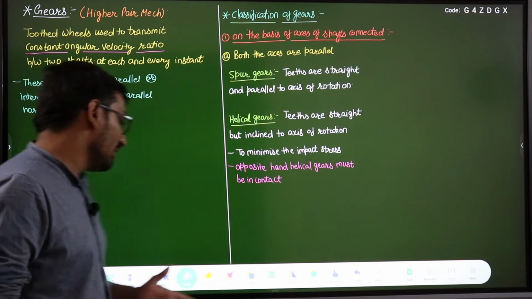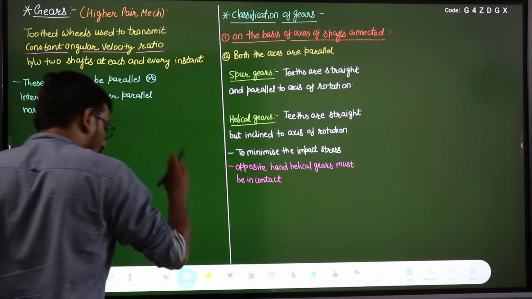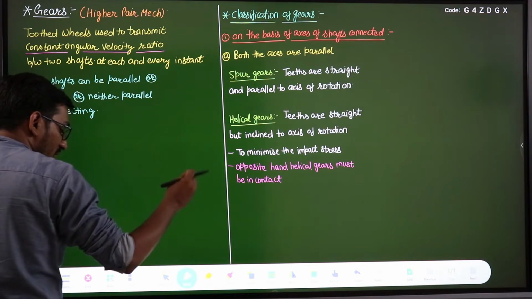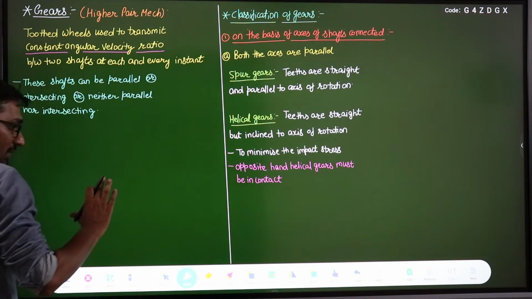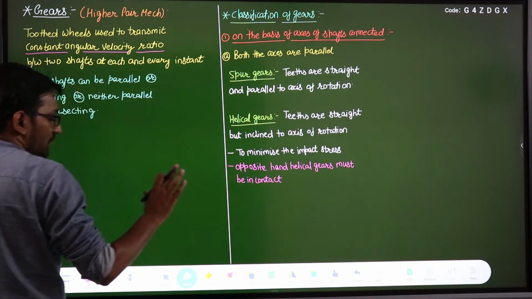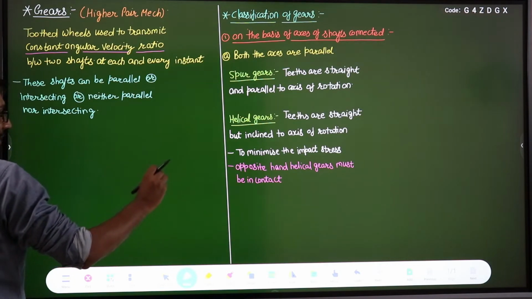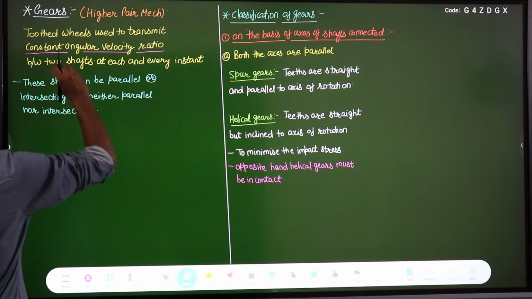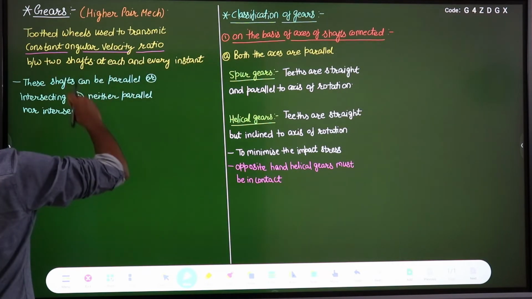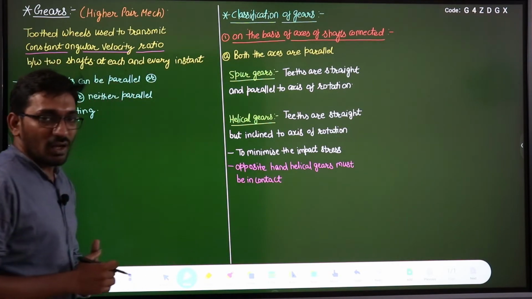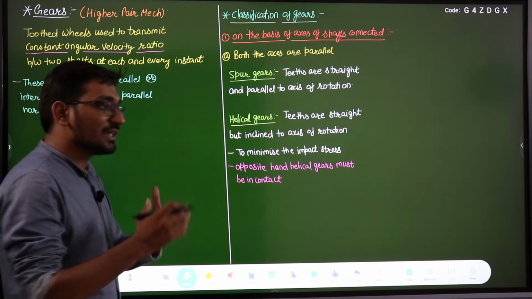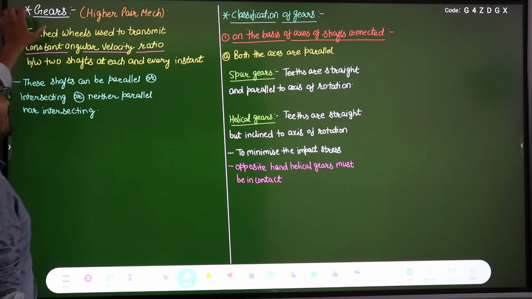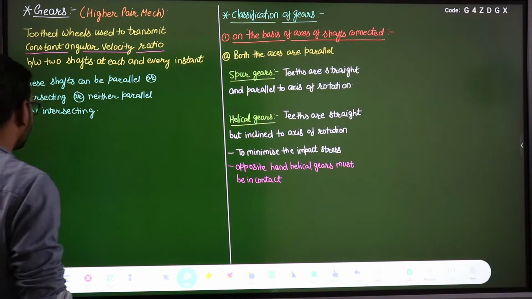So we are not talking about constant RPM, because constant RPM is calculated based on the average angular velocity. But we want to maintain the constant angular velocity ratio at each and every instant, and that can be transmitted with the help of gears.